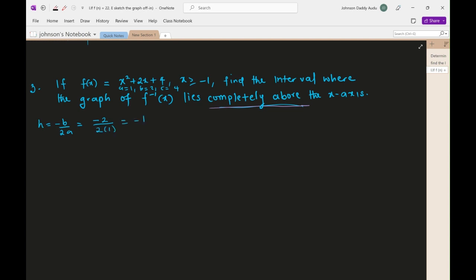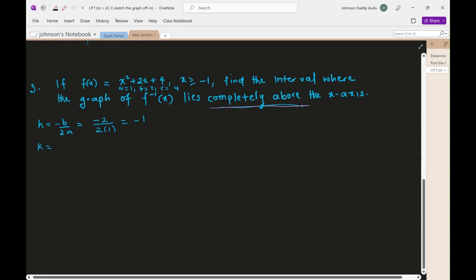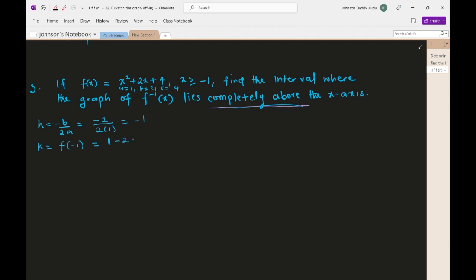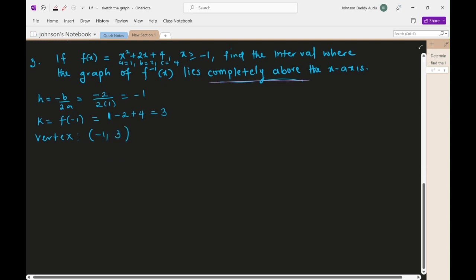So this is going to be minus 1. Then k is going to be f of minus 1. F of minus 1 is going to be 1 minus 2 plus 4, which equals 3. So the vertex is nothing but minus 1 and 3.